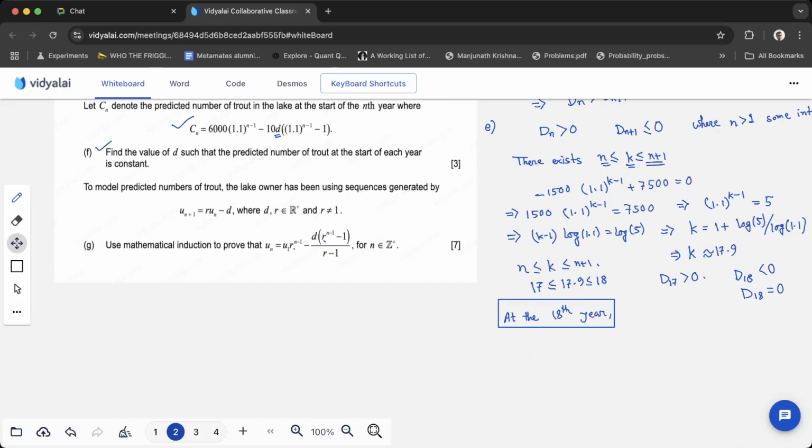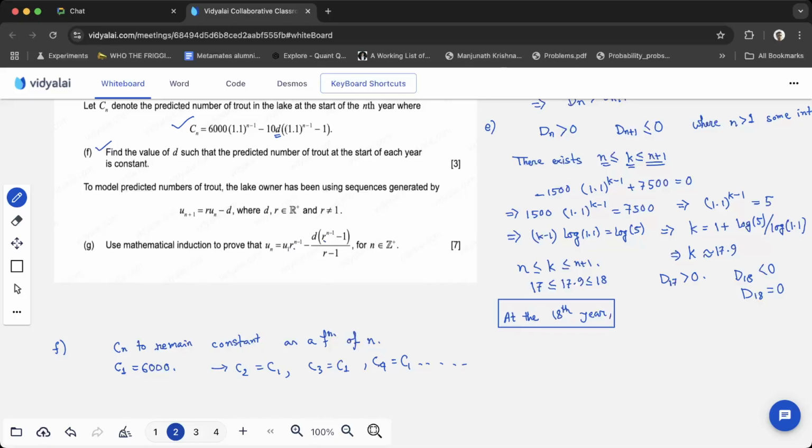So how do we solve this problem? We want Cn to remain constant as a function of n. C1 is equal to 6000. That's the initial population. What we are saying is, what should d be such that C2 is the same as C1, C3 is the same as C1, C4 is the same as C1, and so on.